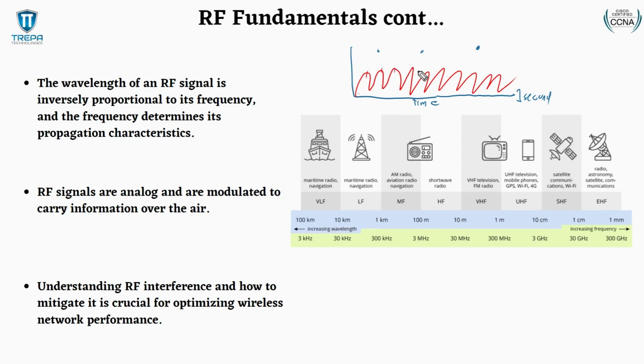So 1, 2, 3, 4, 5, 6, 7, 8, 9, 10. So now that's 10 hertz, right? So you see how the frequency changes. And you notice that the more complete waves we get in a cycle, the smaller the width becomes.